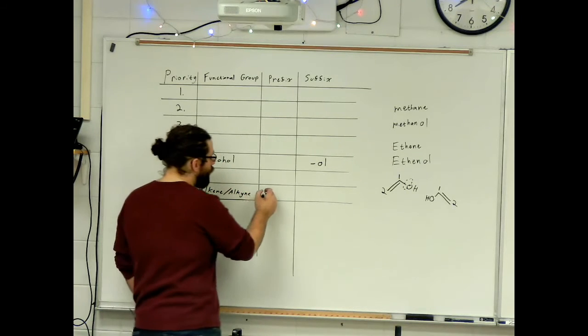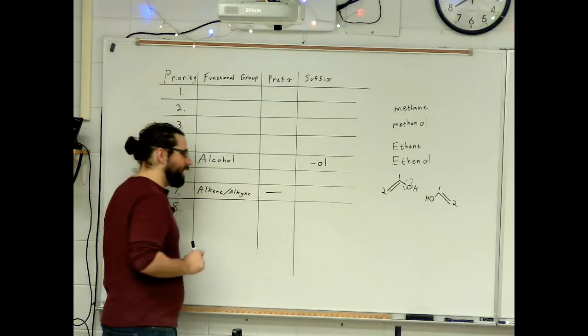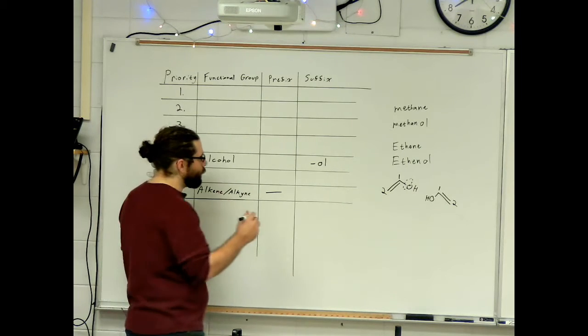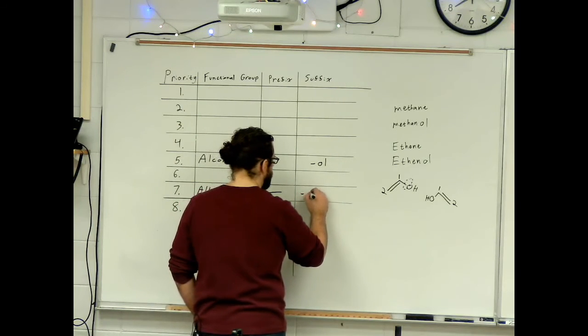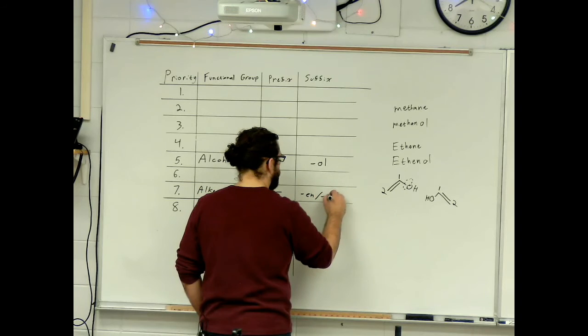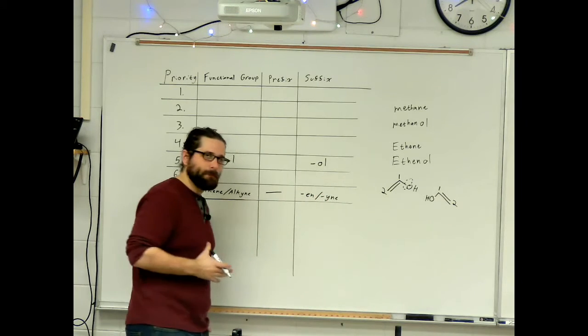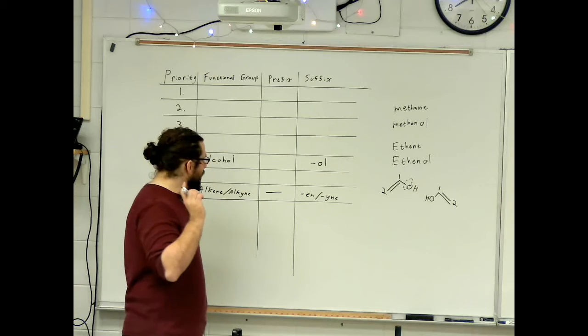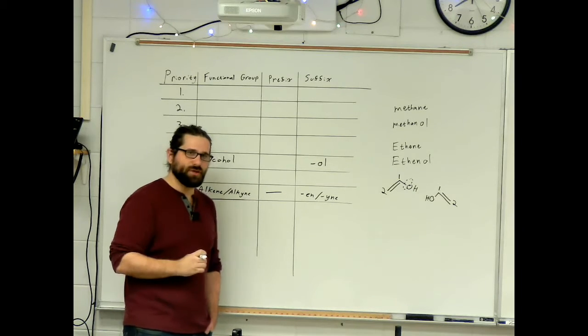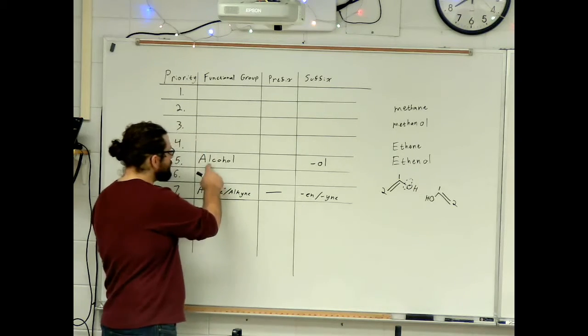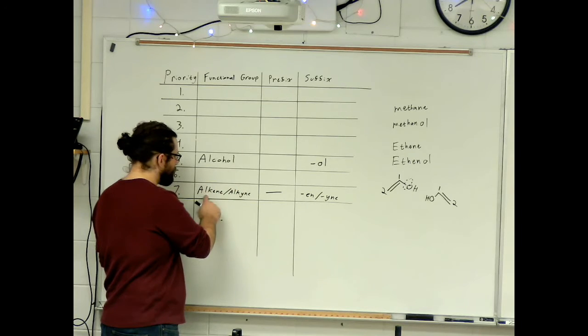There is no prefix for alkenes or alkynes. There's only the suffix "-ene" and "-yne".